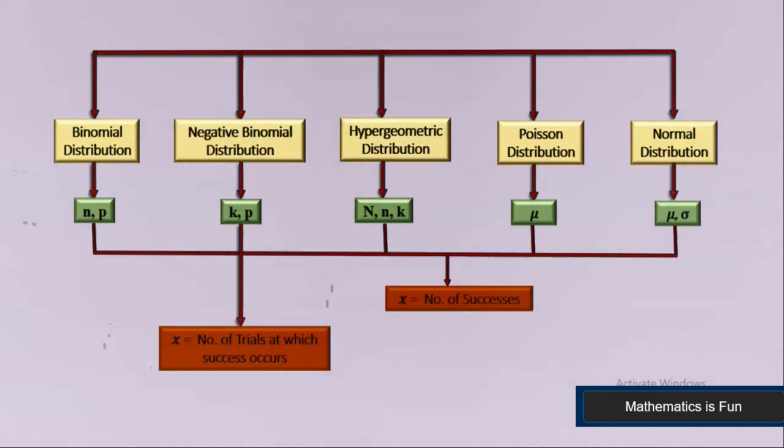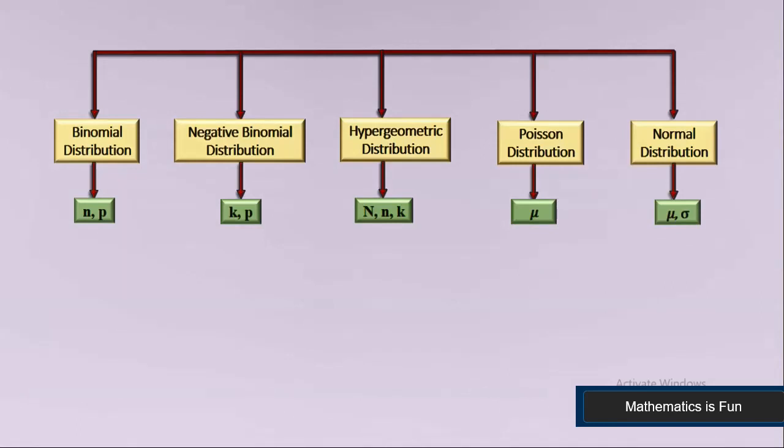Now you should be very clear about what you are going to find. In negative binomial distribution, you are basically going to find what are the chances that I'll get the success at this number of trials. And in the rest of the distributions, you are going to find what are the chances of getting this number of successes out of all the trials.